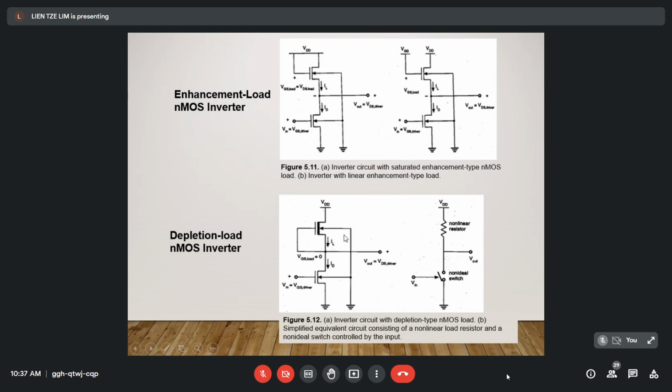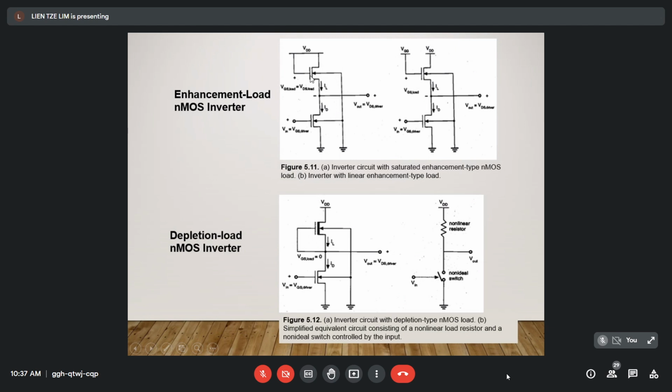It is evaluated to perform better than the enhancement Lood-Elmos inverter. Why is that? One reason is that the driver to load ratio can be adjusted, and with these parameters adjustable, the area occupied by this inverter is also smaller.